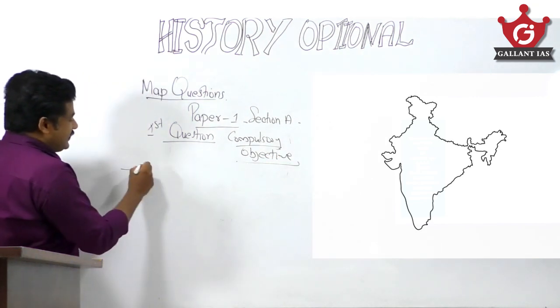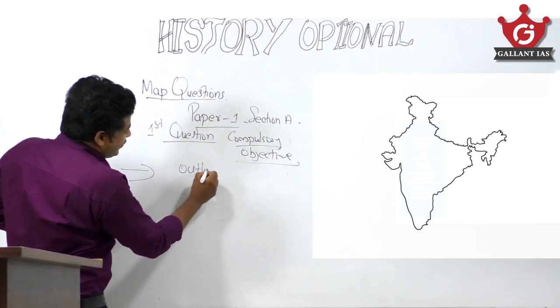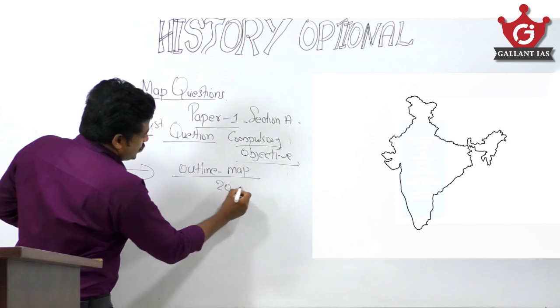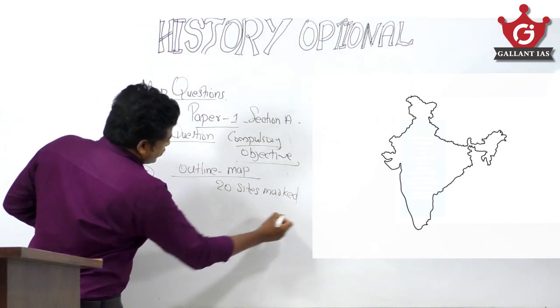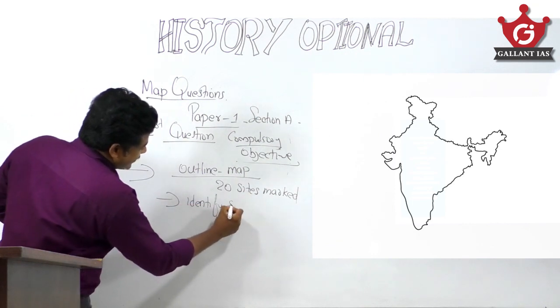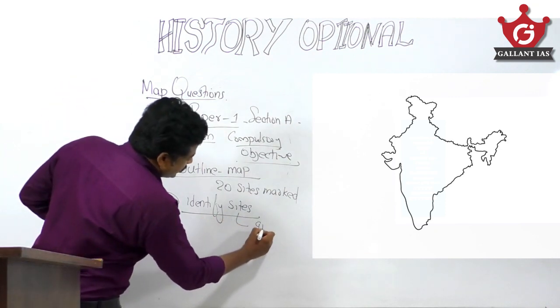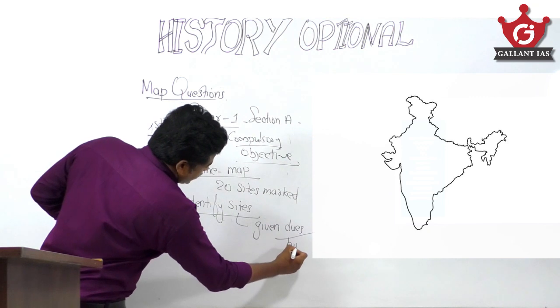On an outline map of India, 20 sites will be marked, and you have to identify the sites with the help of the given clues or hints.